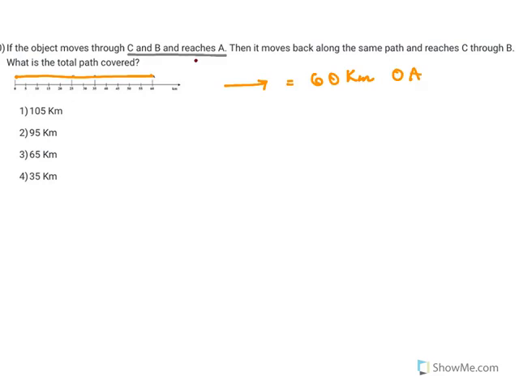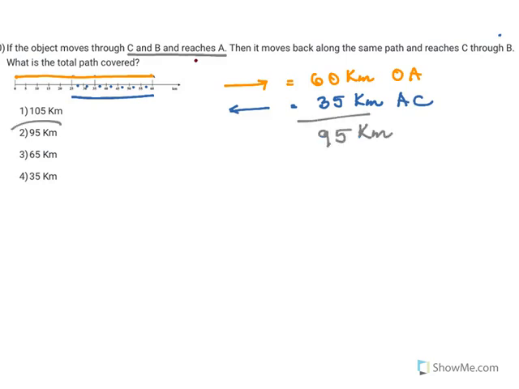And then it comes back, reaches C through B. So it comes back here till C. Now how much would that be? 1, 2, 3, 4, 5, 6, 7. And returning back would be 7 into 5, 35 kilometer. And that would be now AC. So the total distance it has moved would be 95 kilometer.